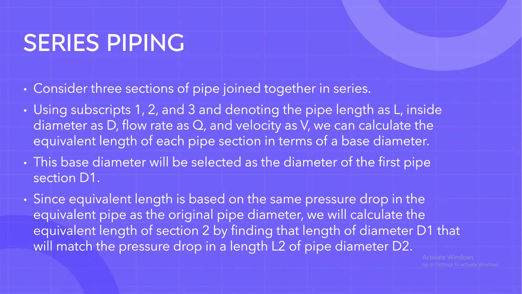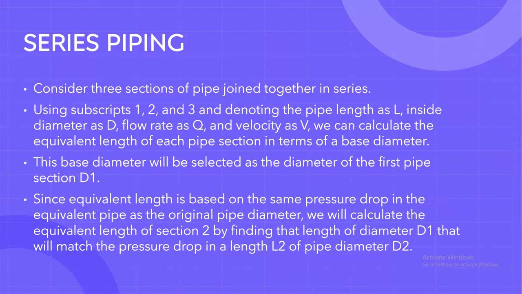Since equivalent length is based on the same pressure drop in the equivalent pipe as in the original pipe, we will calculate the equivalent length of section 2 by finding that length of diameter D1 that will match the pressure drop in length L2 of diameter D2.